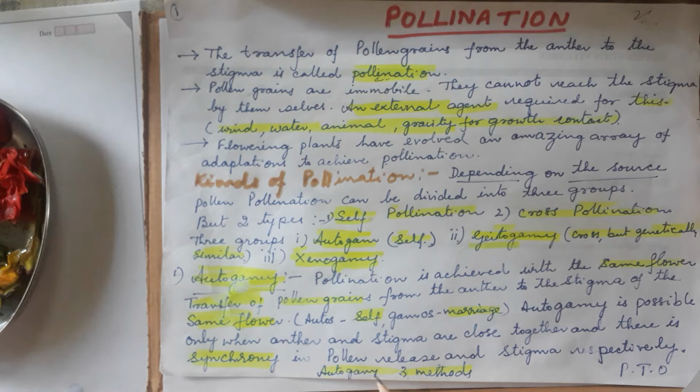What is the meaning of synchrony? The release of the pollen and the readiness of the pistil should be at the same time. When the pollen is released, the pistil should be ready to take the pollen grain and male gametes, and they can do the fertilization.